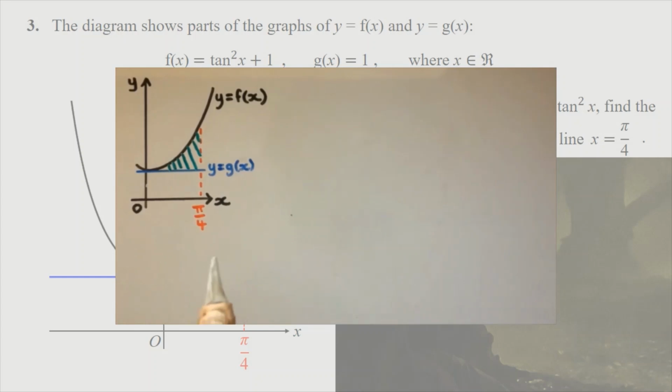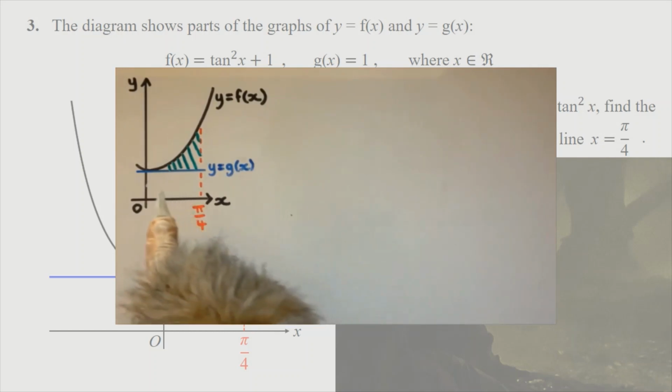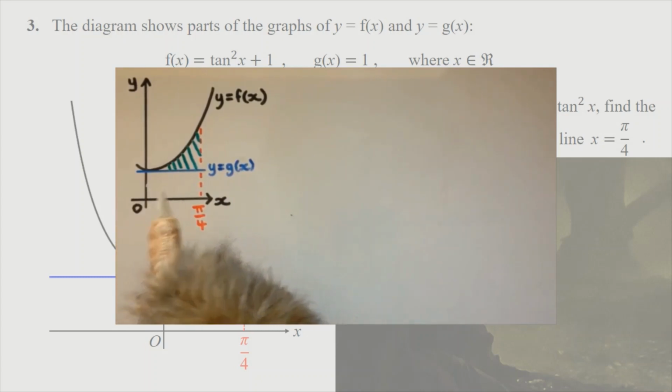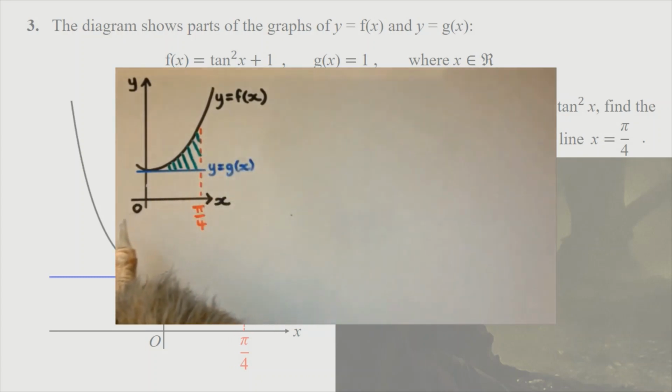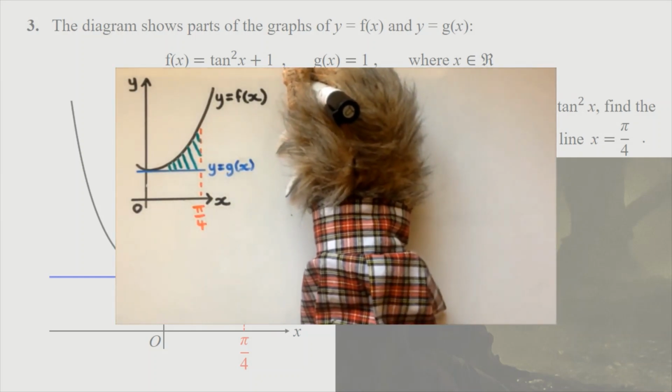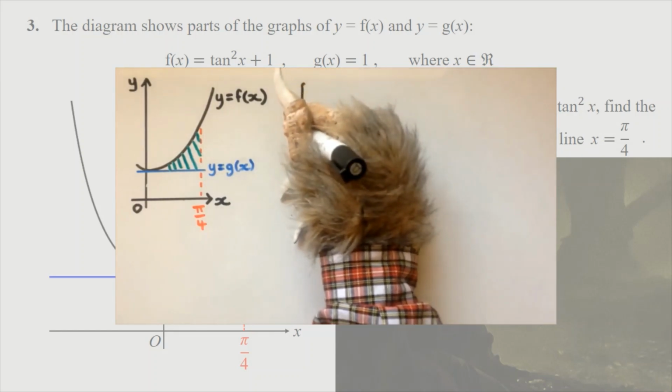And you'll notice we can probably use, or in fact we definitely can use, the principles that we met in the previous lesson on finding areas, because the area that I'm interested in is the difference between the integral of y equals f of x from 0 to pi/4 and y equals g of x integrated between 0 and pi/4. So I'm going to write that as a single integral, and you'll see what I mean in a second. So this area can be represented as follows.